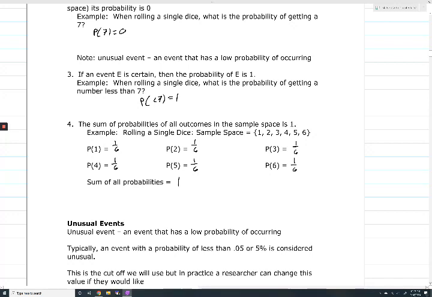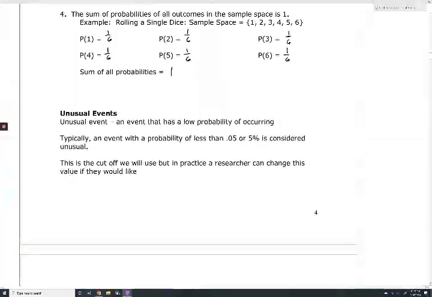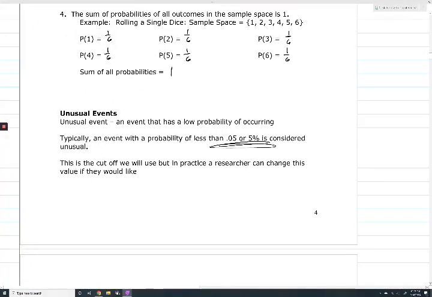So all of the outcomes of the sample space individually must add up to 1, and no individual outcome can be greater than 1 or less than 0. An unusual event, if we're talking about something that is unusual, 5% is our cutoff. So if something happens less than 5% of the time, we consider that unusual.